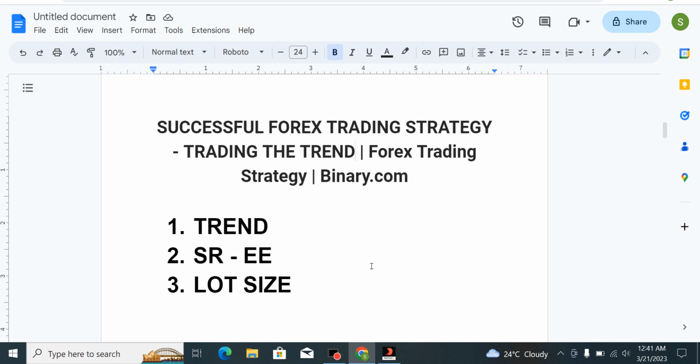It is easier when you swim along the trend, when you swim in the direction of the currents. That is when it is easier for you to trade, and this is what we will be focusing more on, which means if the market is on a downtrend, then we sell.